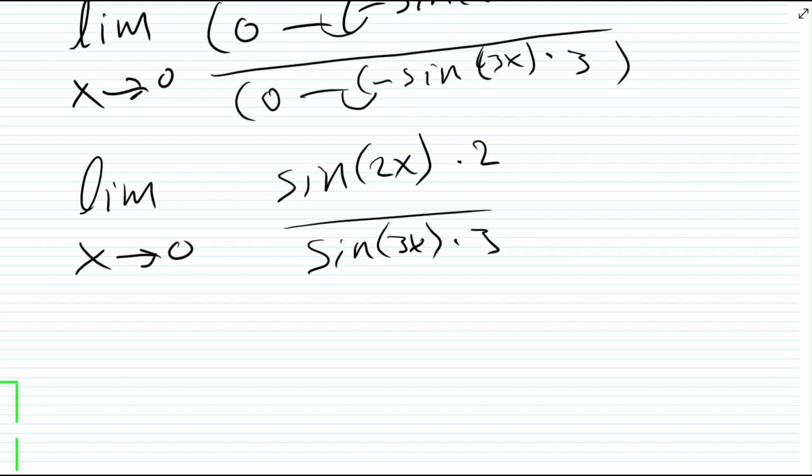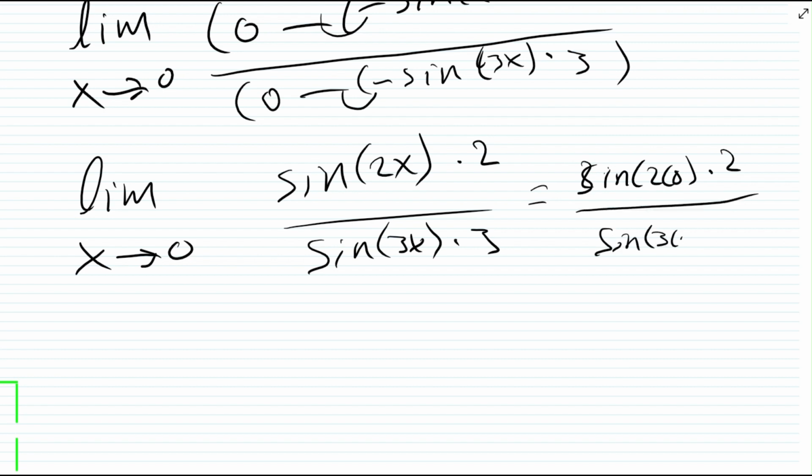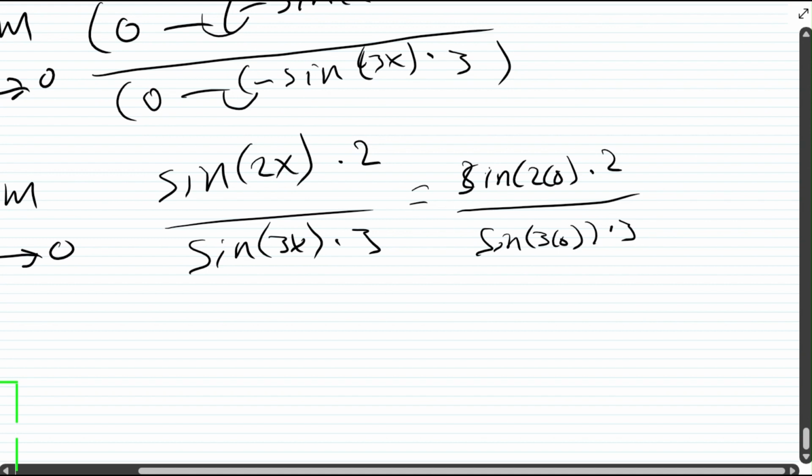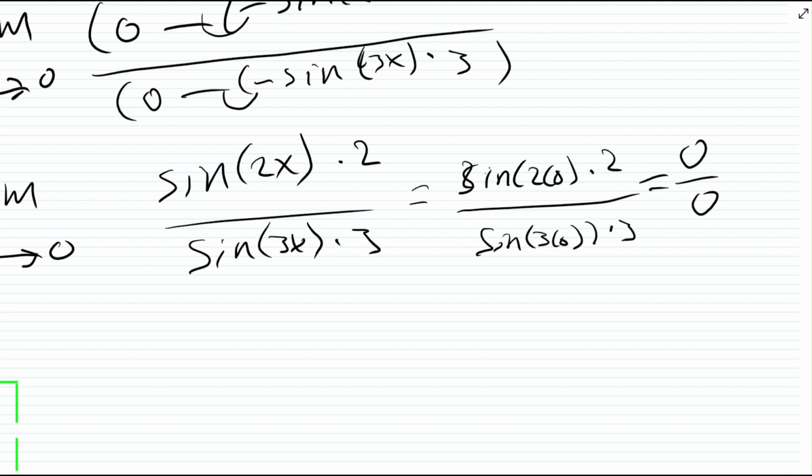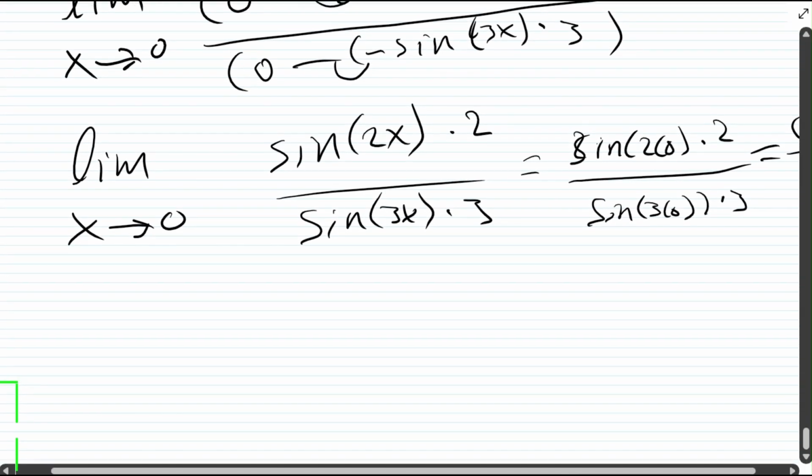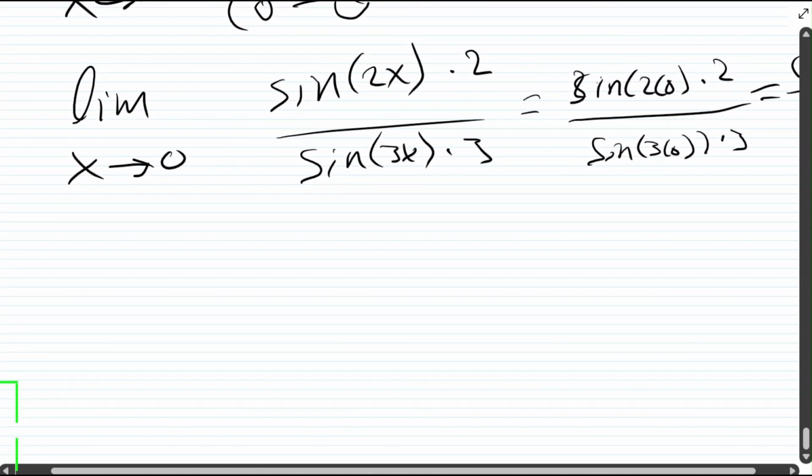By substituting 0, we're going to end up getting sine 2 times 0 times 2 over sine 3 times 0 times 3. Sine of 0 is 0. So we're going to have 0 over 0 here. Alright. So we are still going to use L'Hopital's rule to evaluate this expression.